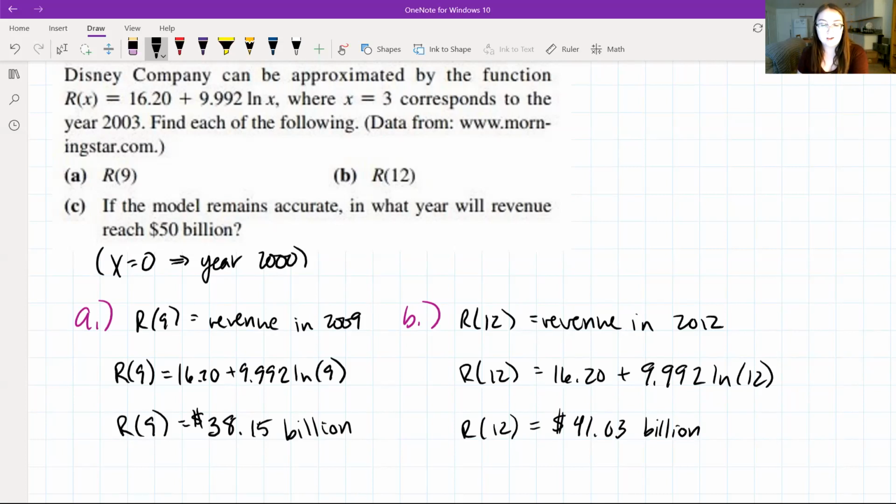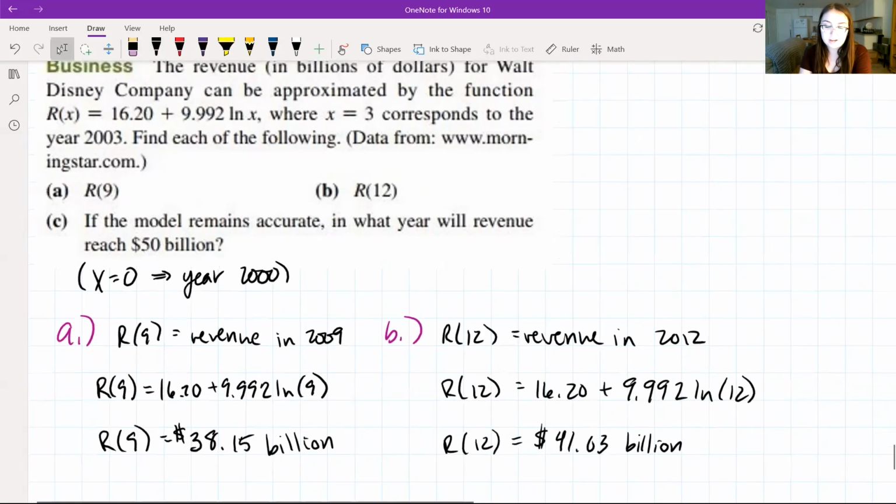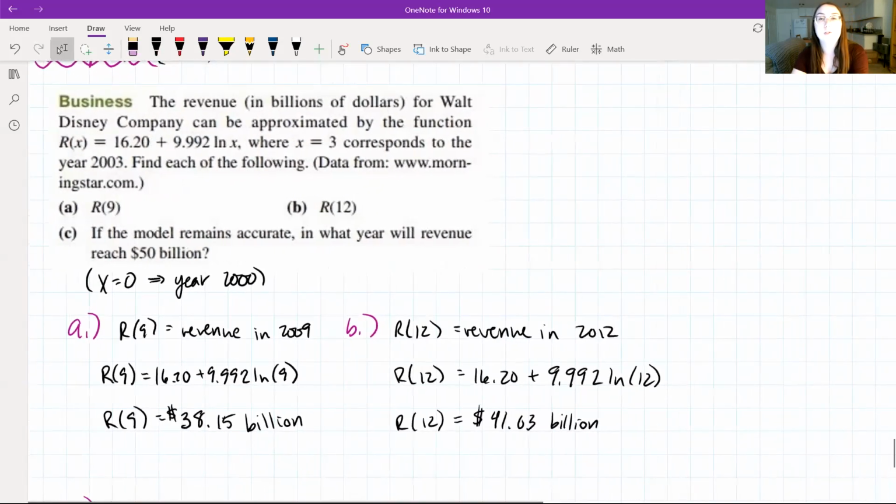Now for part C, we say if the model remains accurate, in what year is revenue going to reach 50 billion? So we know our revenue is our estimate of R of X, but we want to find what year the revenue will reach 50 billion.